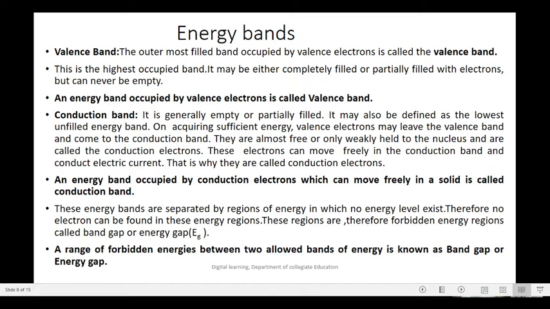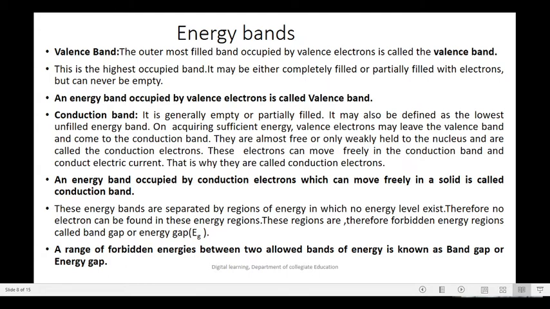These are almost free or only weakly held to the nucleus and are called conduction electrons. These electrons can move freely in the conduction band and conduct electric current. That is why they are called conduction electrons. An energy band occupied by conduction electrons which can move freely in a solid is called the conduction band.